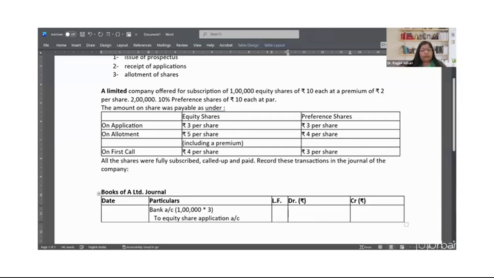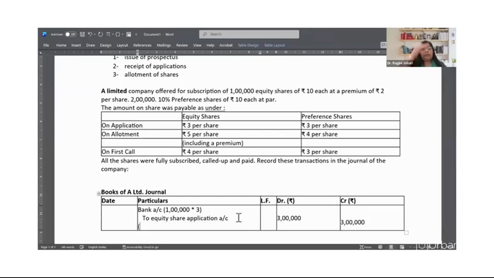This makes it 3 lakh. The same amount is credited here also, 3 lakh. And the narration here would be application money received.